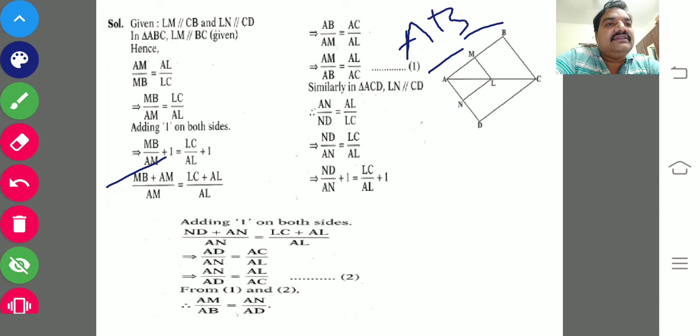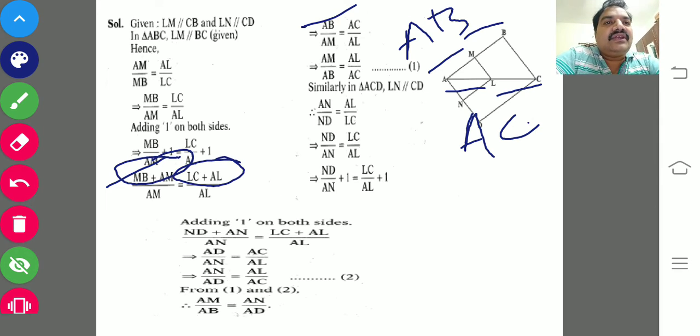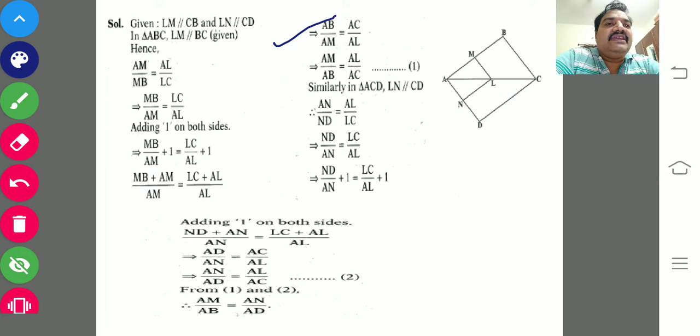AB. And LC plus AL equals AC. So instead of this numerator you write AB, instead of this numerator you write AC. So AB by AM equals AC by AL.